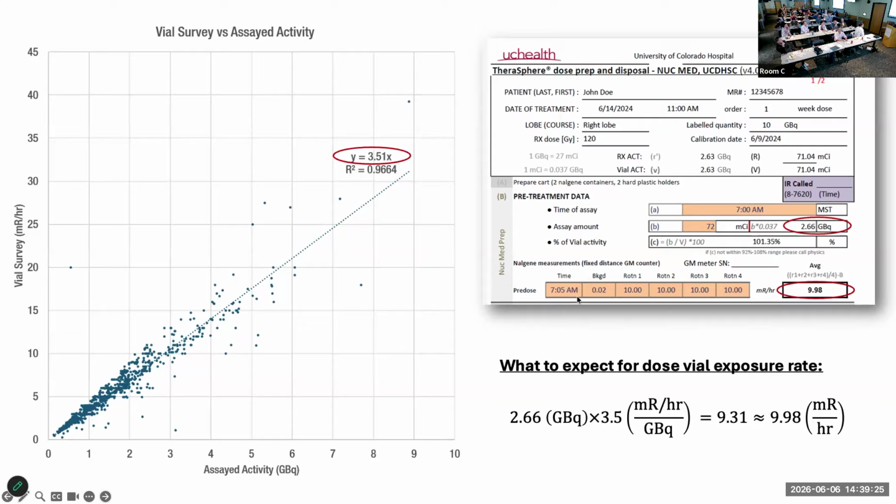So if they're sending me paperwork, this is all fake paperwork, by the way, I guess I should say that. If they're sending me measurements that are like, oh, I measured 1 mR per hour, that's incorrect. And that's on you, the physicist, to make sure that that is corrected in not just the patient's record, but in your calculations too.